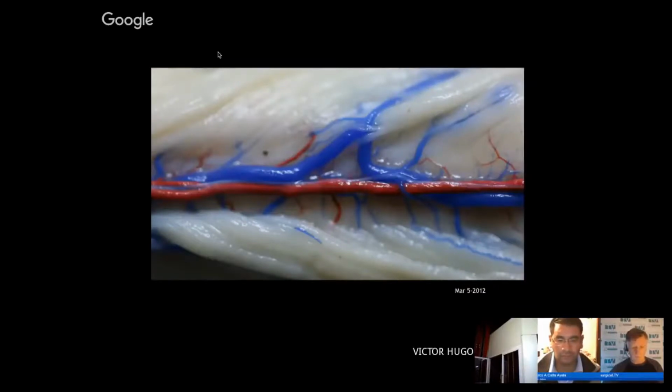So this is a vein that is crossing a nerve, a radicular nerve. As you can see in the upper part, the vein is between the fibers of this nerve.